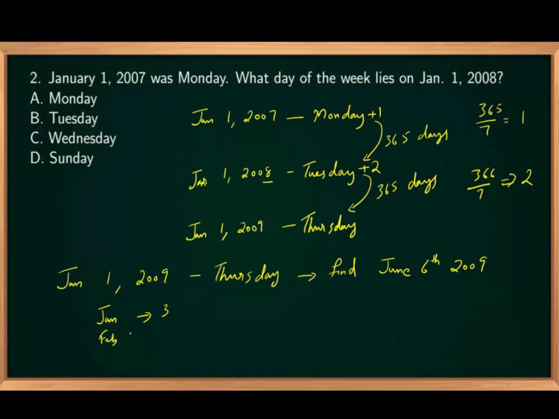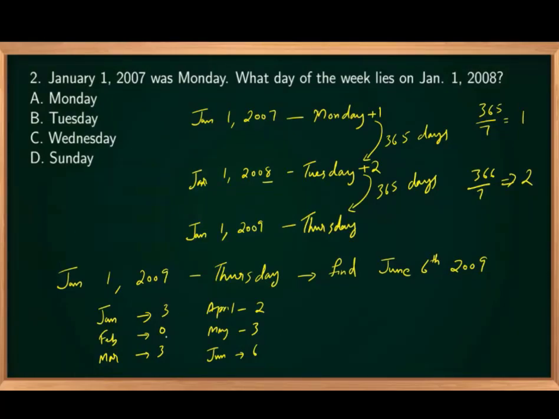February only 28 days, so 0. March 31 days, 3. April 30 days, 2 odd days. May again 31 days, 3 days. June 6 days. We have to add these: 3 plus 3 plus 2 plus 3 plus 6.